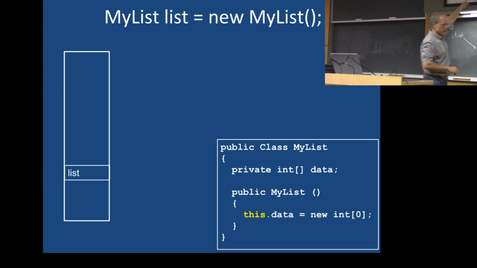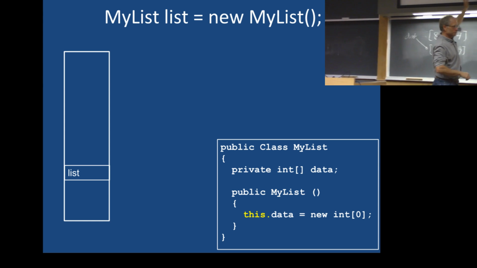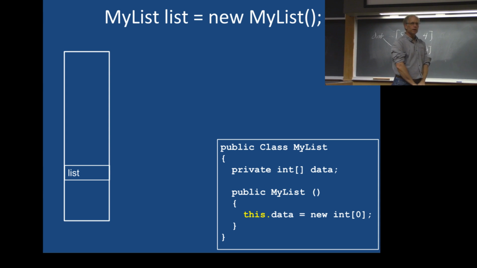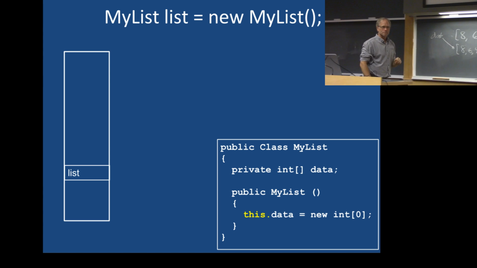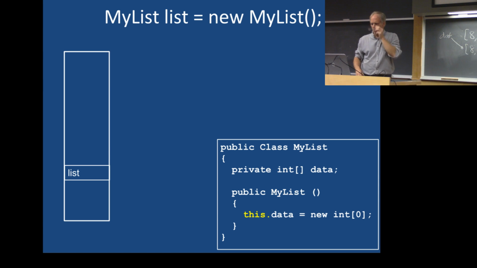Objects go not on the stack. Objects go over here in the rest of memory. That's called the heap. So you've got the stack and the heap. Okay? So when we say new mylist, we've got to allocate space for the new object on the heap. Now, how much space do we need? What does a mylist object contain?